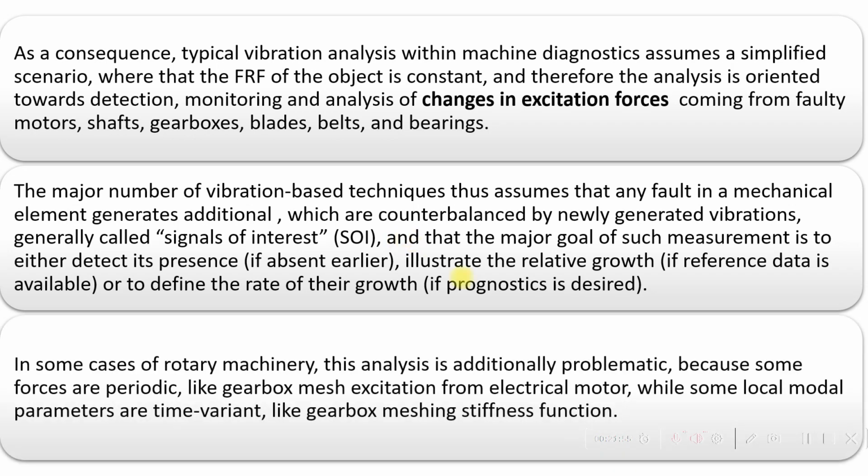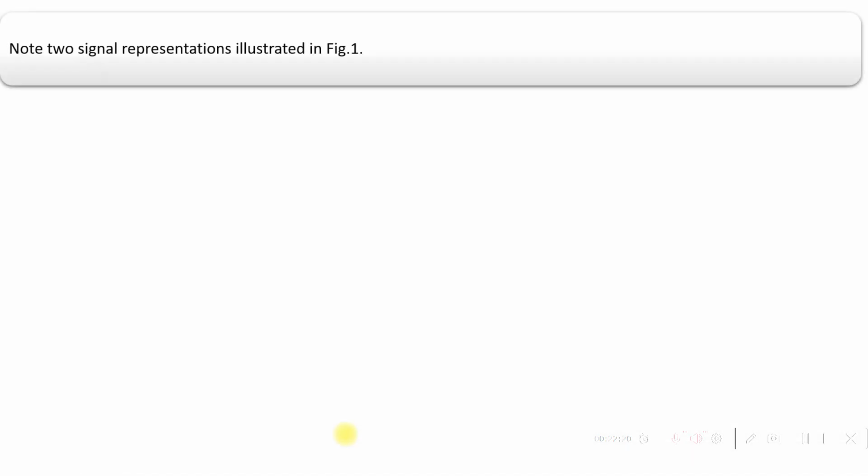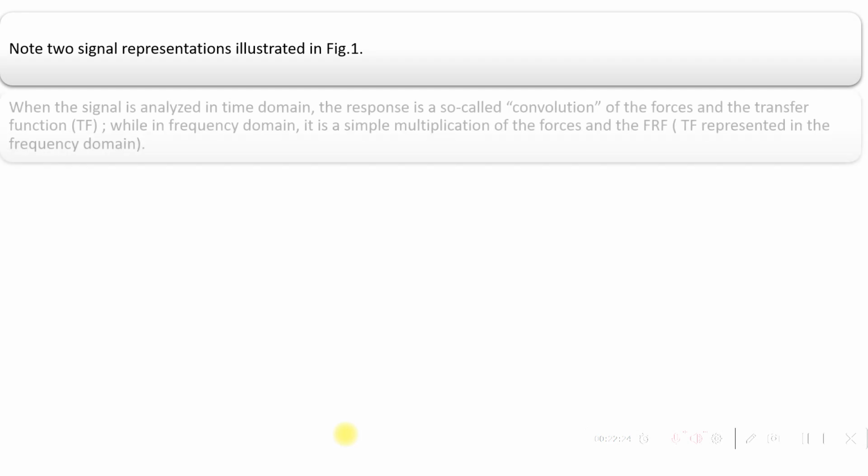In some cases of rotary machines, this analysis is additionally problematic because some forces are periodic, like gearbox mesh excitation from electrical motor, while some load model parameters are time variant, like gearbox meshing stiffness functions. Note the two signal representations illustrated in figure 1.